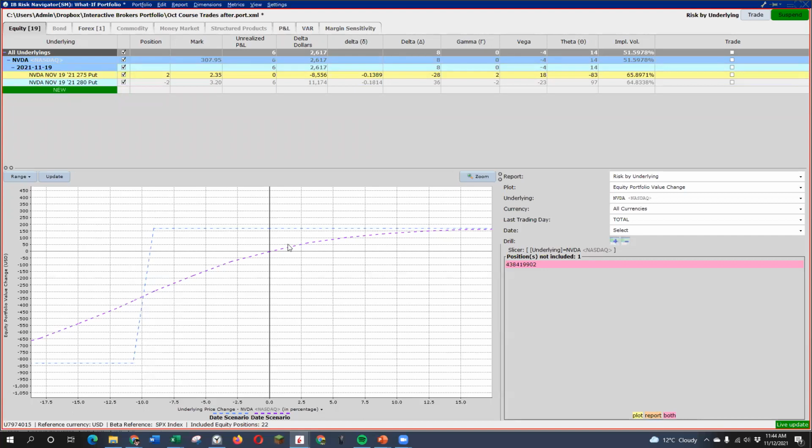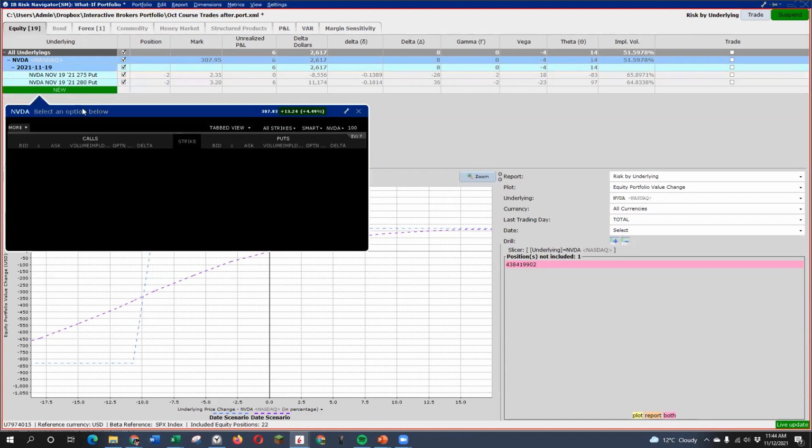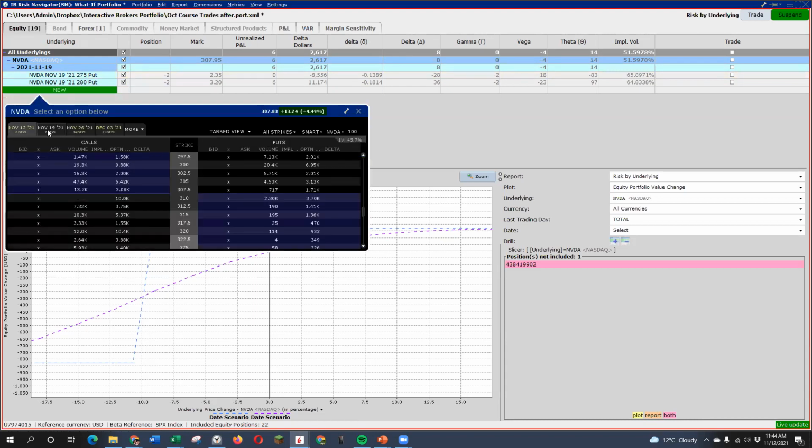Yes, the expiration should be closest to, or the first one immediately after the earnings date. And here's another thing about volatility around earnings. Remember, we talk about every single option strike has got different volatility.